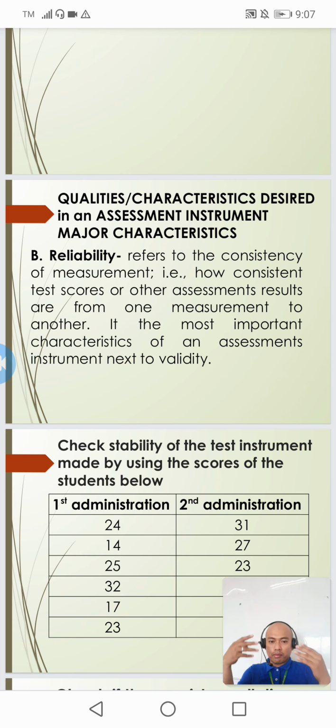Baka ngayon may pinagdadaanan tayo, pero later on for the second time na i-take mo itong exam, iba na yung attitude mo in answering, iba na yung psychological or physical state mo in answering the problem. So automatic, expected na mag-iiba yung result ninyo. So that is a factor to consider kung bakit nag-iiba yung mga results ng mga exam ng mga individuals when they take the exam twice.